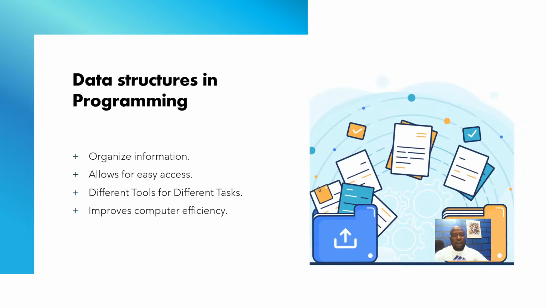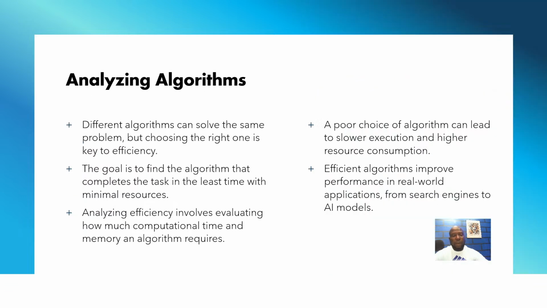And like I said before, knowing which data structure to use for a given problem, and using your data structures very well, you should be able to achieve efficiency. A lot of times, most programmers tend to analyze algorithms, trying to know which one is the most efficient, which one will give you efficiency.